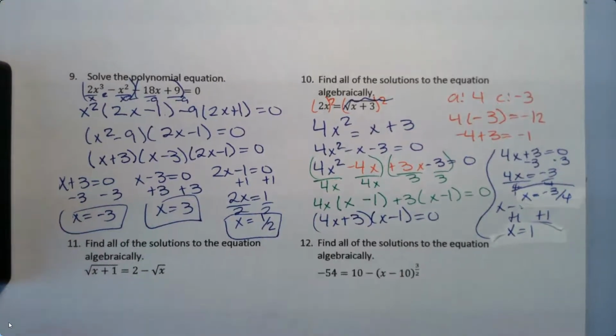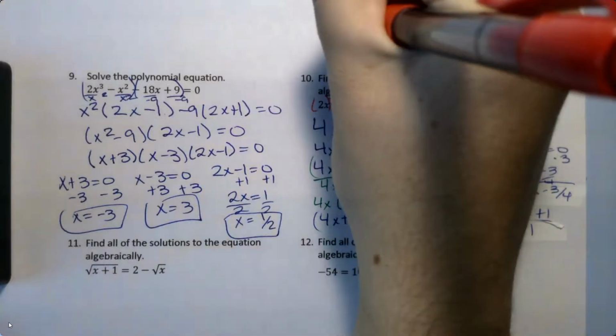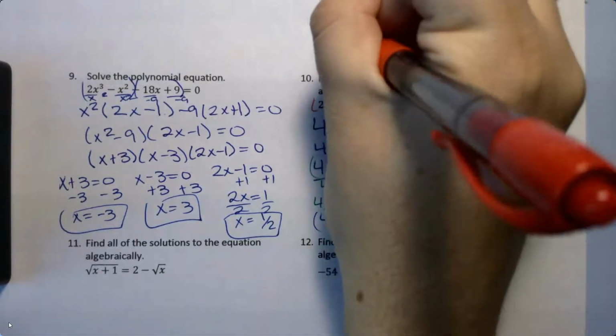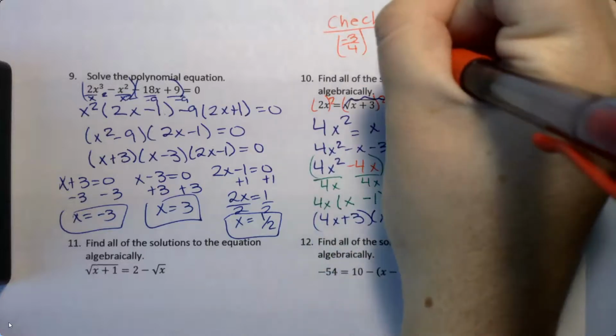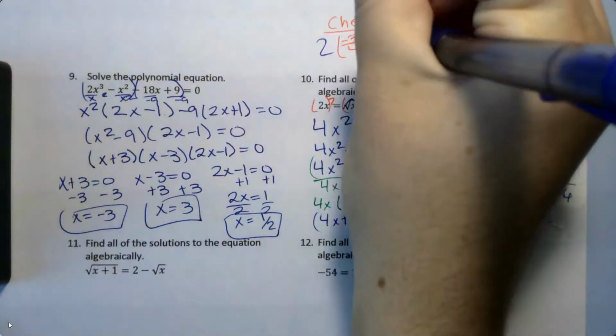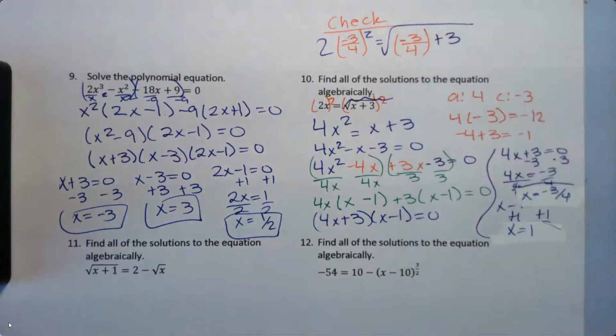But I want to check those. So I'm going to plug those in. I'm going to start off with the negative 3/4 because that was the first answer I got. So on the left side, oh wait, there was no squared on the left side.